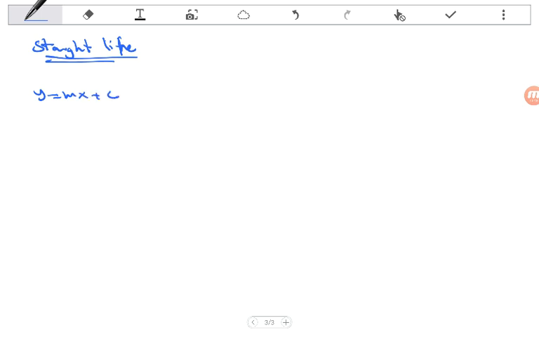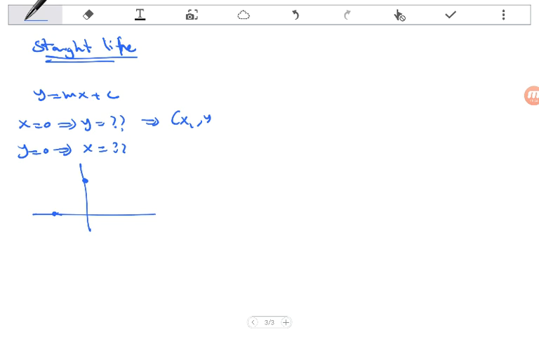How do we graph a straight line? We choose x equals 0 and see what y will be, then choose y equals 0. We choose two points, for example x1, y1 and x2, y2, and connect them. This is how to graph a straight line.